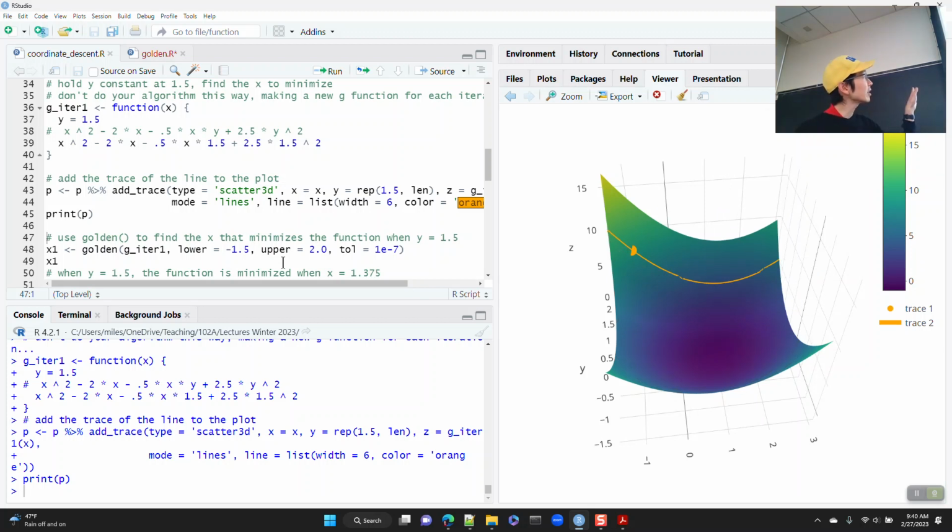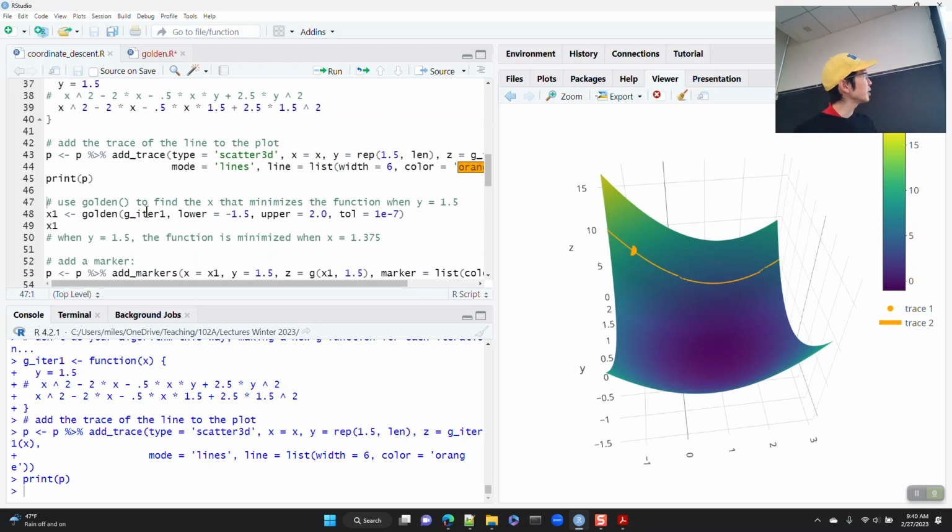Okay, so I've locked that into place, and to find the minimum, I could find it in multiple ways. I could use calculus and say, okay, if I've got x squared minus 2x minus 0.5x times 1.5, use calculus and find the minimum.